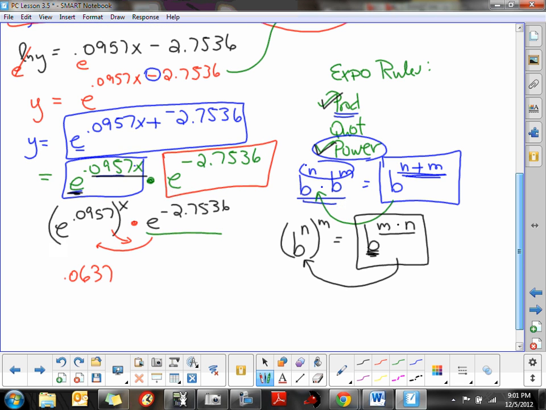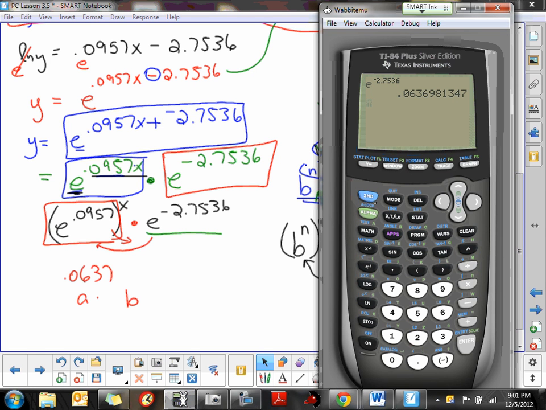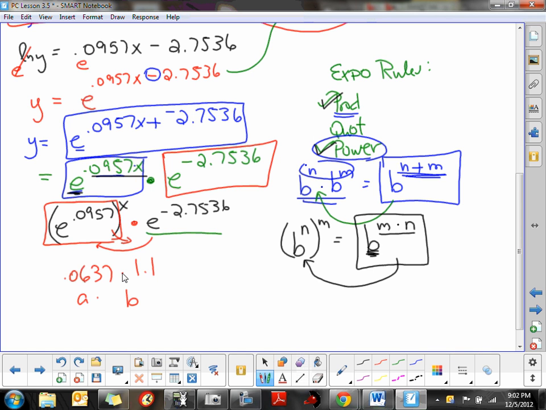Now this is your value of a. Times, we need a b. The value of b is going to come from the calculation of this, e to the 0.0957. So second natural log, and we've got e to the 0.0957, enter, which is 1.1004, times 1.1004, and that's raised to the power of x.